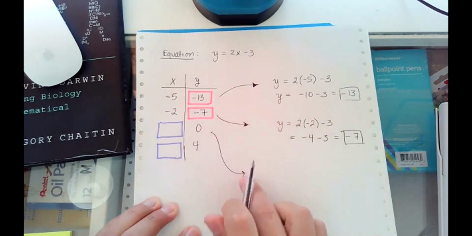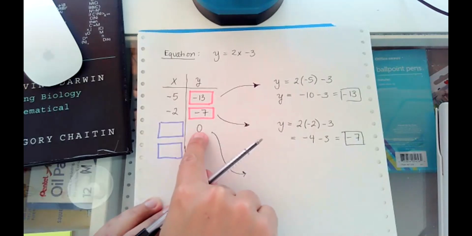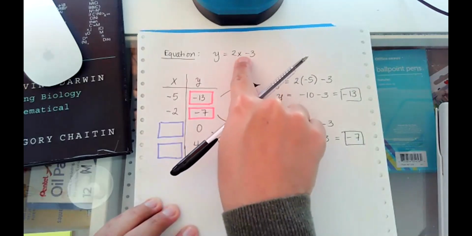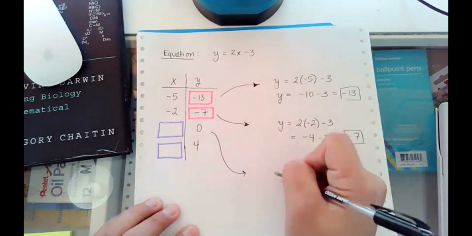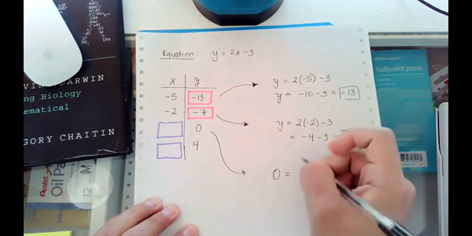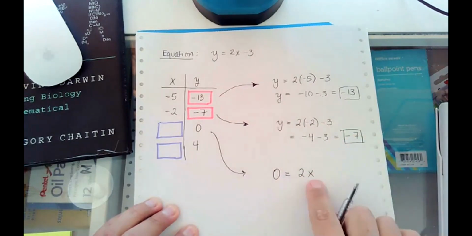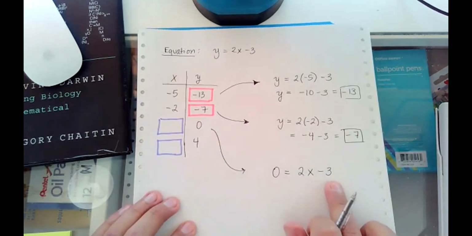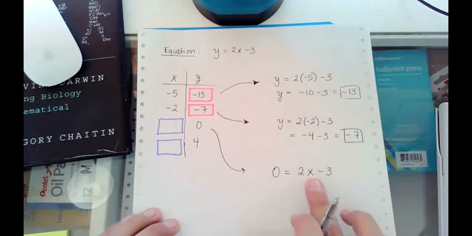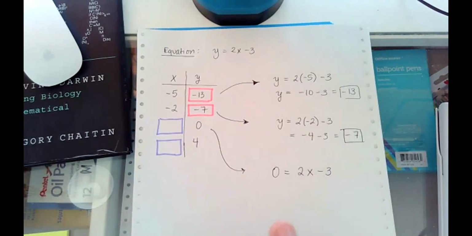Let's go ahead and do this. Now our y value is given, but we don't know the x value. So what we're going to do is plug in the 0 for the y value. So 0 is equal to, and I don't know what x is, so I'm going to leave it alone, 2x minus 3. Well, this is a simple linear equation with one variable. So I need to isolate the variable. That's going to be the goal.